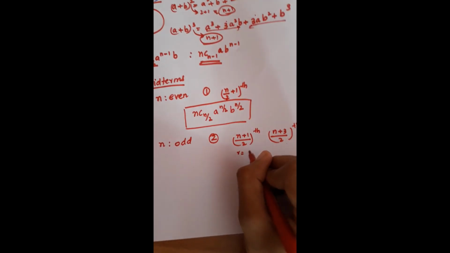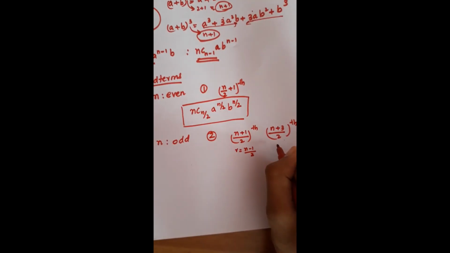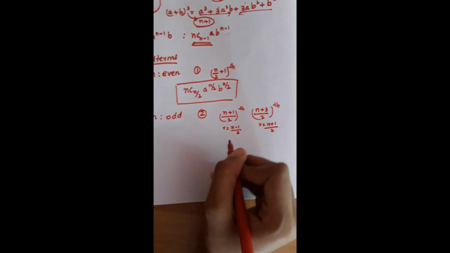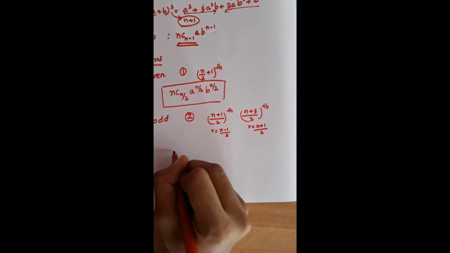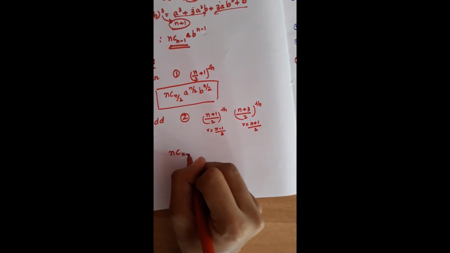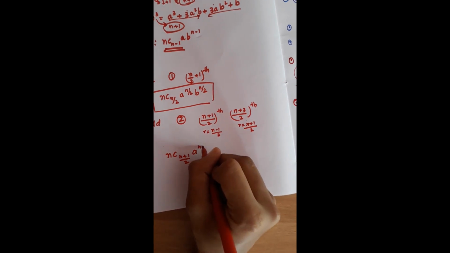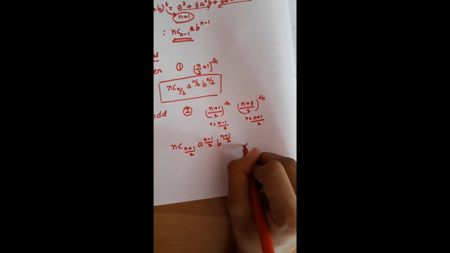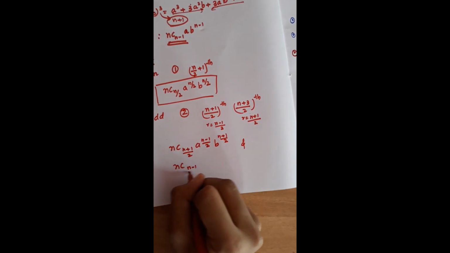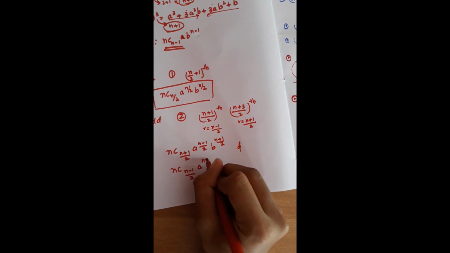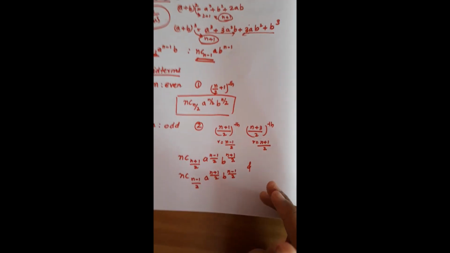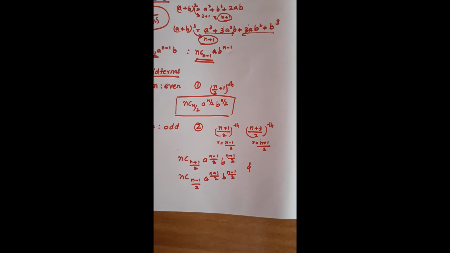Here r comes out to be (n - 1)/2 and here r turns out to be (n + 1)/2. So the midterms are nC((n - 1)/2) a^((n + 1)/2) b^((n - 1)/2) and nC((n + 1)/2) a^((n - 1)/2) b^((n + 1)/2). Okay, hope it's clear. Now, this lesson is so small and it's over by this.